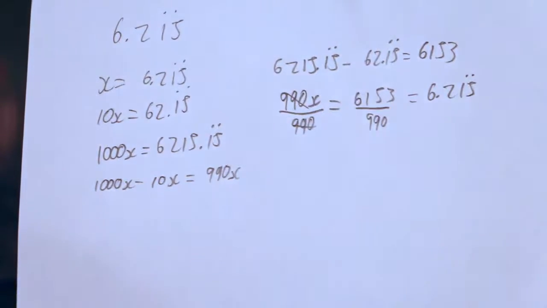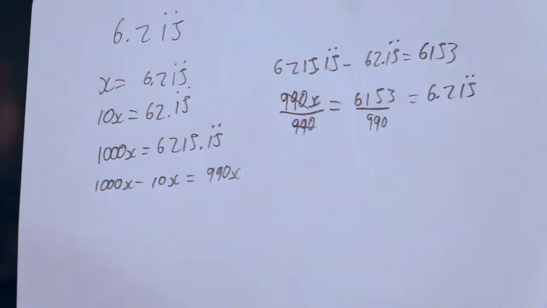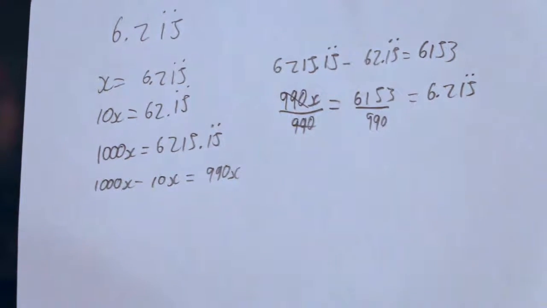That's correct. And remember to multiply by 10 in order to get rid of the 2. So we're left with 62.15 recurring.